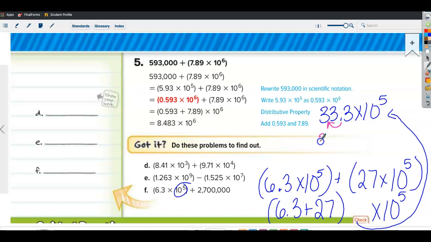Move one place, and so I get 3.33 times 10 to the what, Adriana? 6, because you add 1 since you moved it forward 1. So even though we made it match, we still in the end had to move our decimal and do that extra step. Okay? Questions?